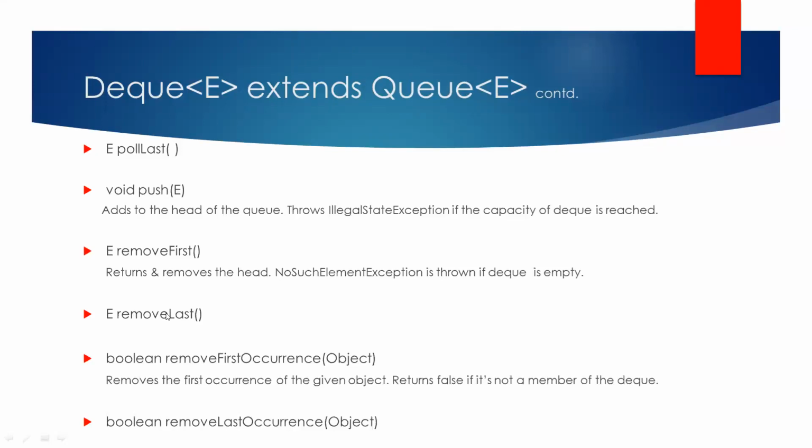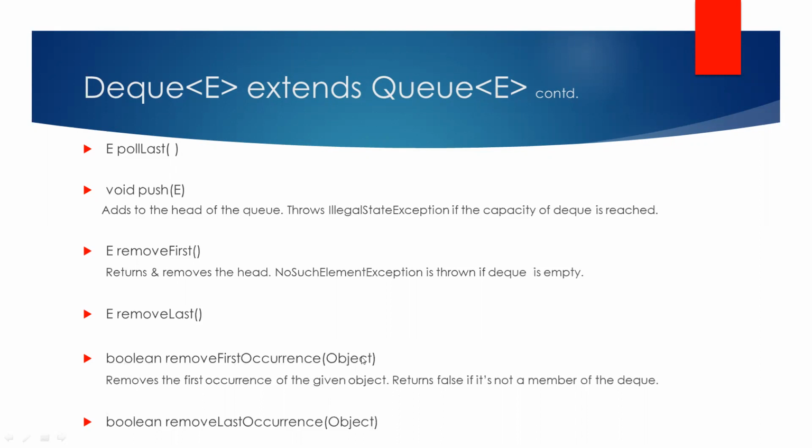As we know, we can add duplicate values into the collection. Suppose you have more than one object of the same type, and you want to remove the element that occurs the very first time in your collection. You can use the method removeFirstOccurrence and pass the object.